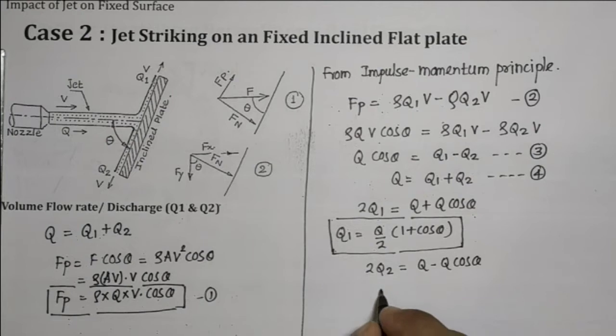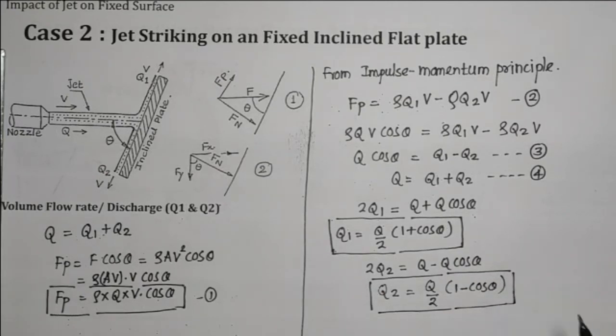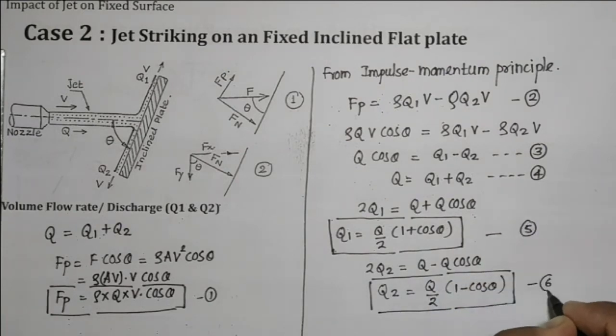Rearranging, Q2 is equal to Q by 2 into 1 minus cos theta. This is nothing but discharge Q2. So this is equation number 5 and equation number 6.